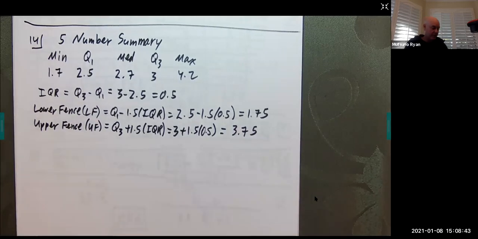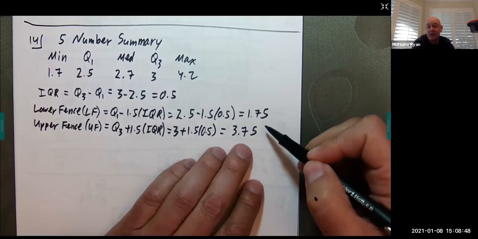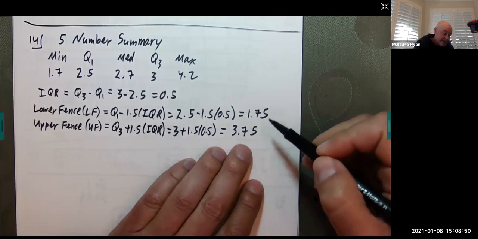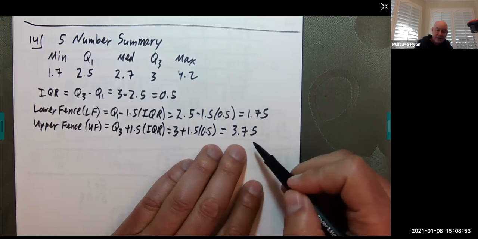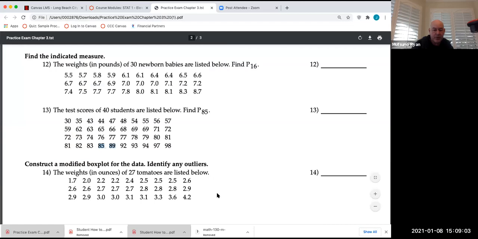Now we're going to look for outliers. So if there are any data values that are smaller than 1.75, that's going to be an outlier. We're going to throw it out. If there are any data values that are bigger than 3.75, we're going to throw it out. Let's go back to the data. So here we are with our data. And I can see 1.7 is below my lower fence, which is 1.75. It's a little bit bigger. So 1.7 is an outlier. The next one up is 2.0.